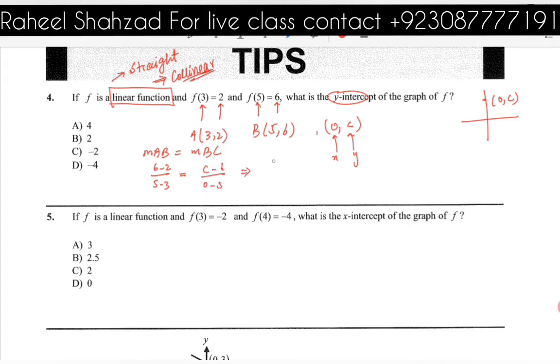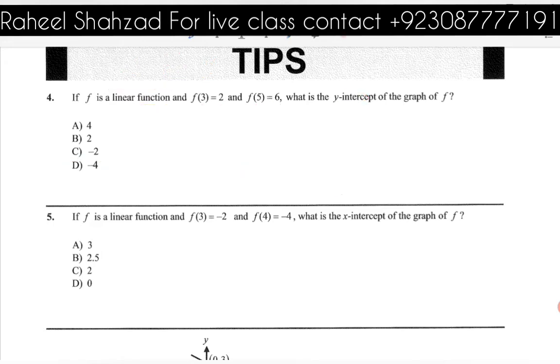And then, 6 minus 2 is 4, over 2 is 2, equals (c minus 6) divided by minus 5. So 2 times minus 5 is minus 10, equal to c minus 6. So c is equal to minus 10 plus 6, that is minus 4. So your answer is D in this case.